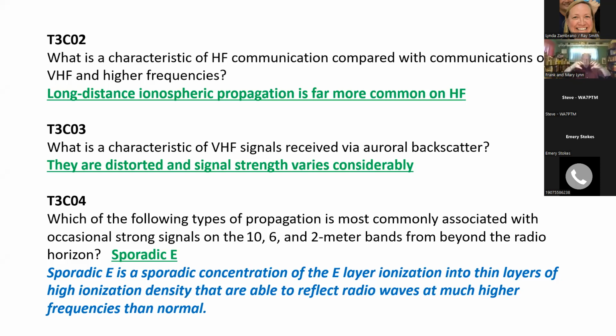And when you have a high density of ions, the radio waves on the 10, 6, and 2 meter bands are going to be reflected much better than they normally are. That is called sporadic E. Why is it sporadic E? Because it happens sporadically. That's sort of a circular argument, but that's what's happening here.